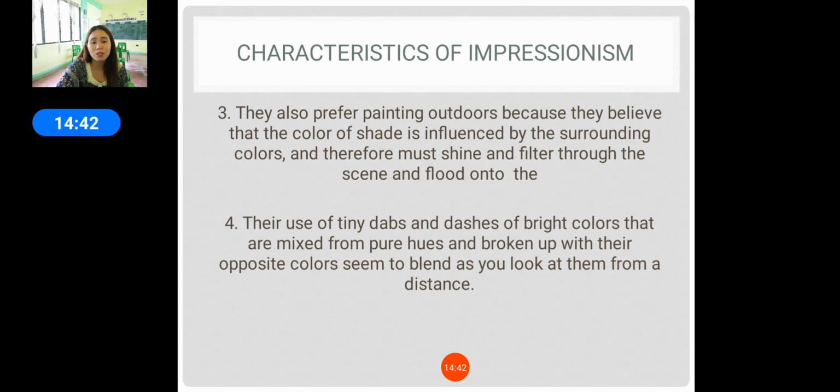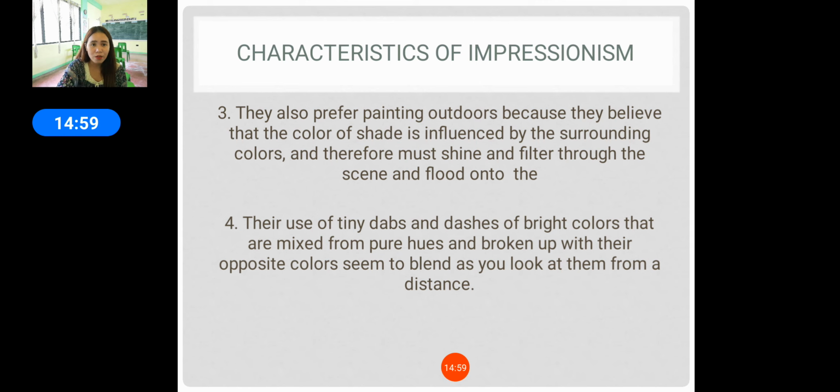So they prefer painting outdoor scenery, the nature scenery, because the color is changing. There must be changes of colors. That's why they prefer painting outdoors, because it is more realistic and the shifting of colors or shades is evident, compared to painting such a subject in a studio.